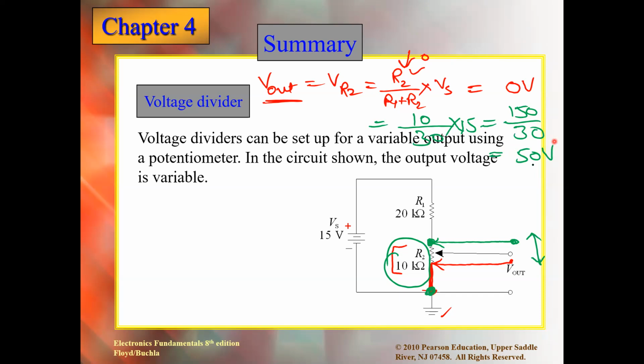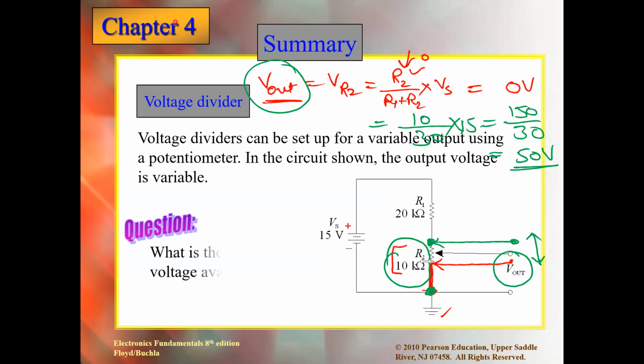Are you getting it? So the thing is that by having this variable, the output is variable now. So this V out is variable. By moving this, by changing the value of this resistance, we can have a variable output. So if I ask you guys, what is the largest output voltage available here?